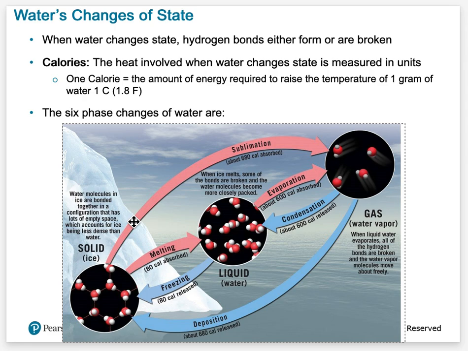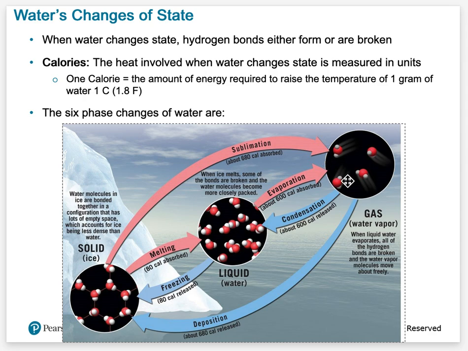When solid ice melts into liquid water, some of the bonds are broken and the water molecules become more closely packed, making it more dense than solid ice. And then we have the process of evaporation. When liquid water evaporates, all of the hydrogen bonds are broken and the water vapor molecules move about freely. So these are the phases where hydrogen bonds are being broken down.